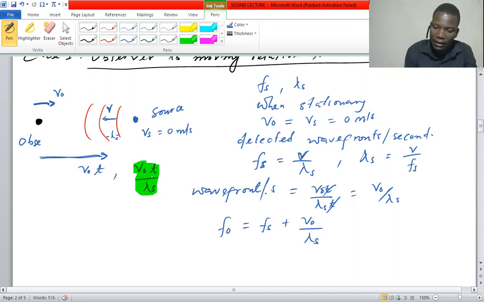So we get this equation here, and we place it in this equation where we have fs plus v naught over lambda, with lambda equal to v over fs, like that.